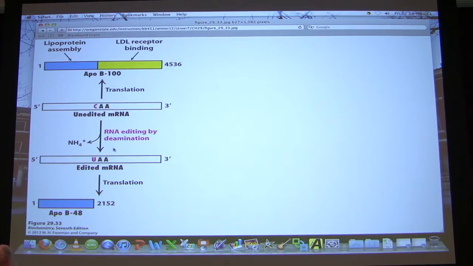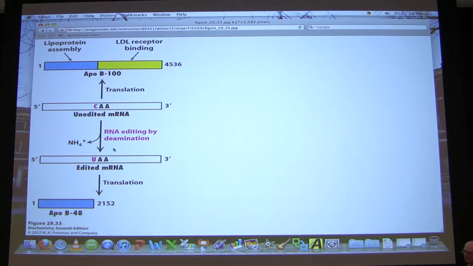Well, a UAA is a stop codon. It stops translation. So in liver cells, this entire message doesn't get made. It gets truncated because the C is converted to a U, and you make this shorter protein. Now, this is called RNA editing. It's actually chemically altering at least one of the bases of the messenger RNA.